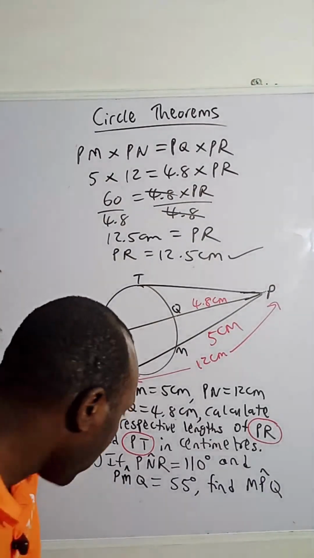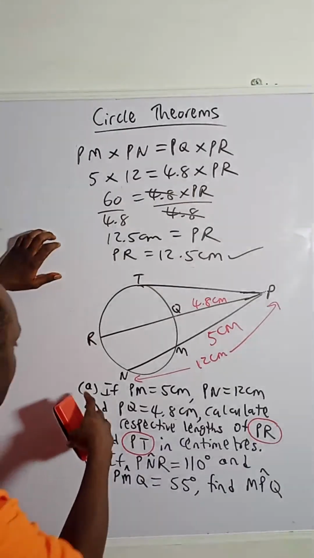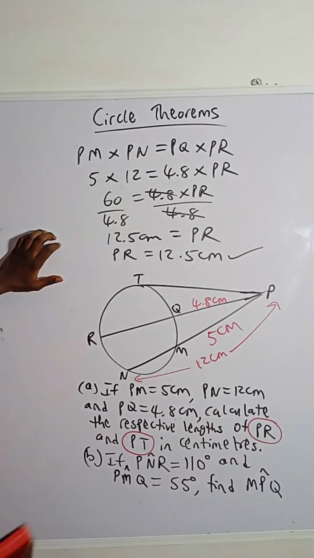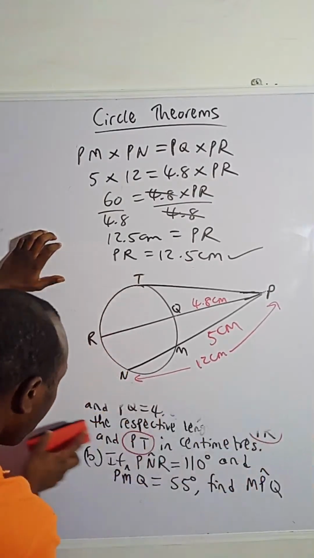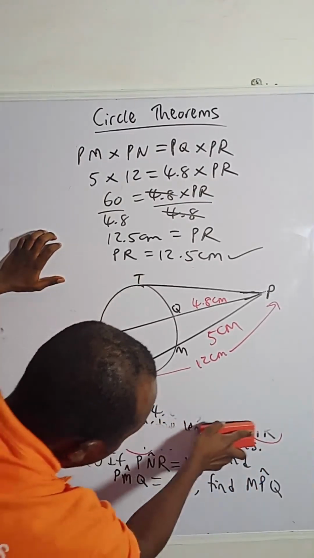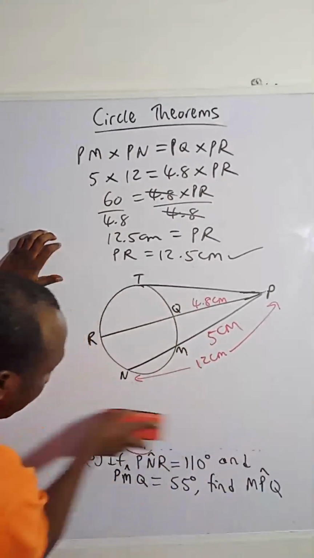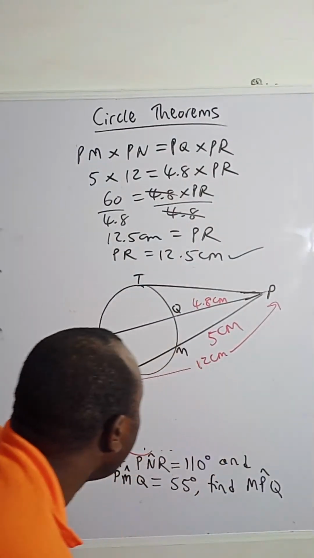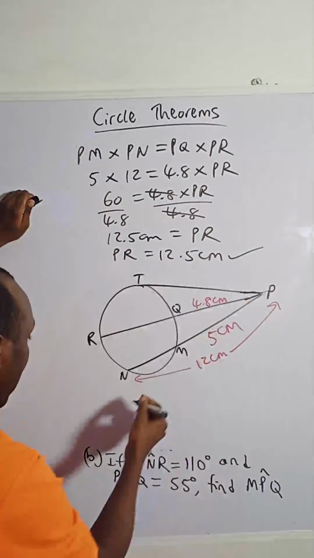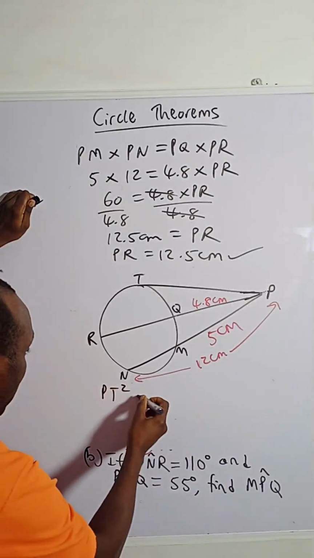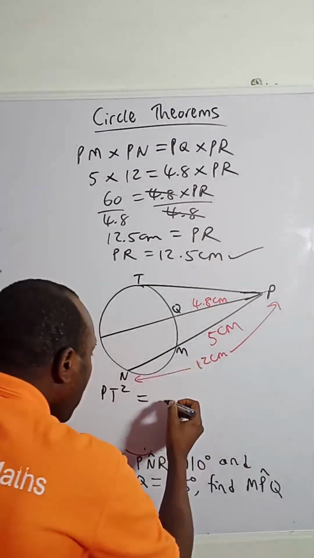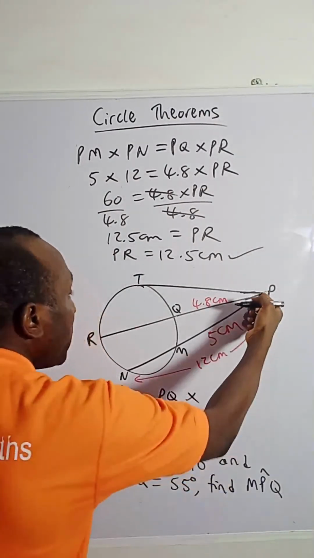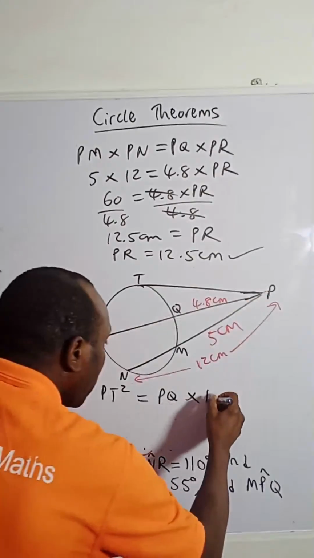We clean. Let me take this A out of it. We're trying to get PT now. I don't want to erase B. B is still there. So to get PT, PT is a tangent. PT squared is equal to what? PQ times what? PQ times PR.